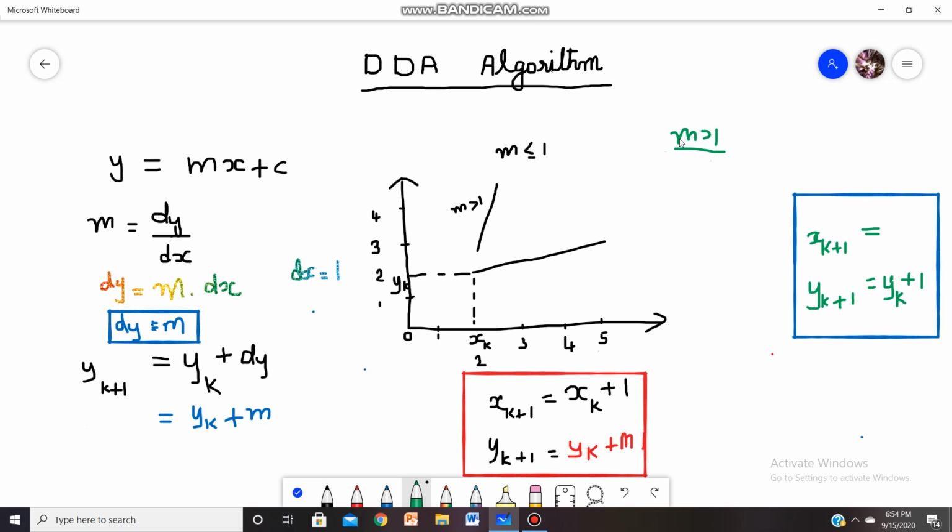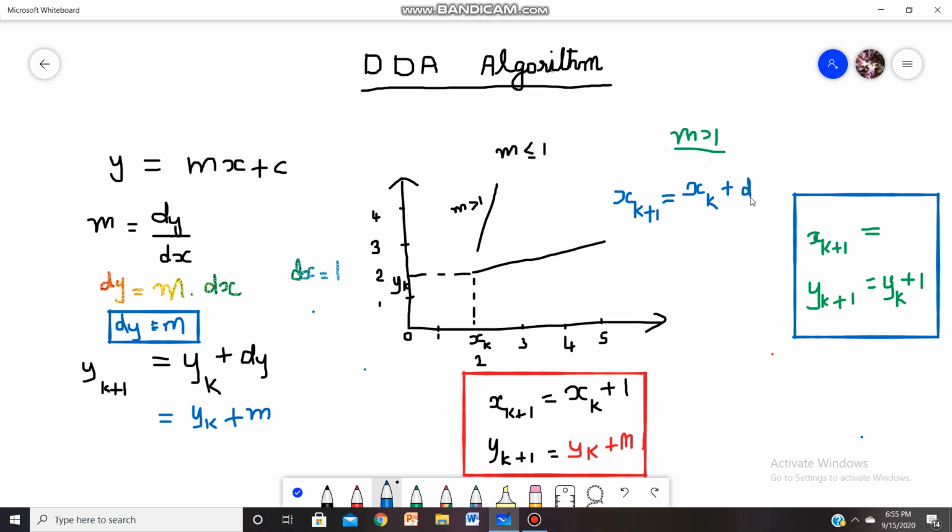The same trick I am going to apply here. I will write xk plus 1 is equal to, earlier how I did for y. Here I know the y value, but I need to find out the x value. So I am going to add a small quantity dx to this first point xk, so I will write xk plus dx.